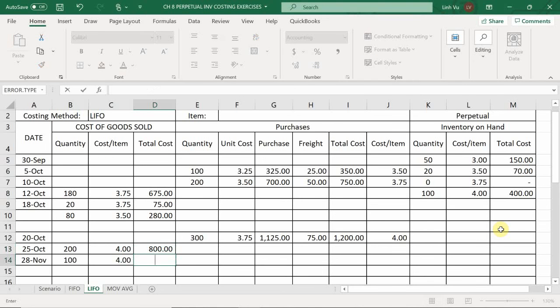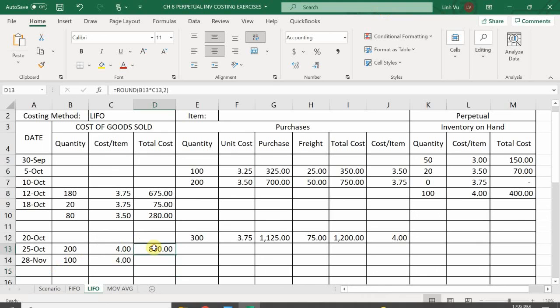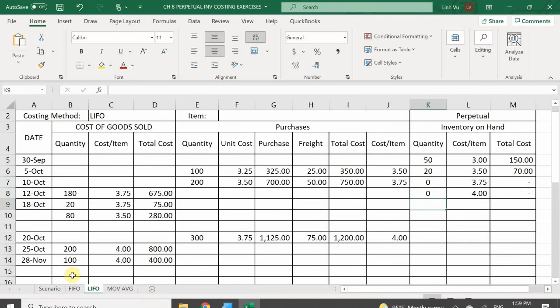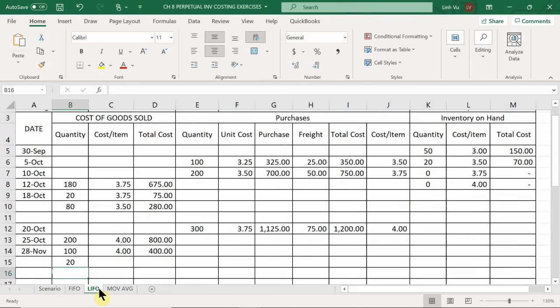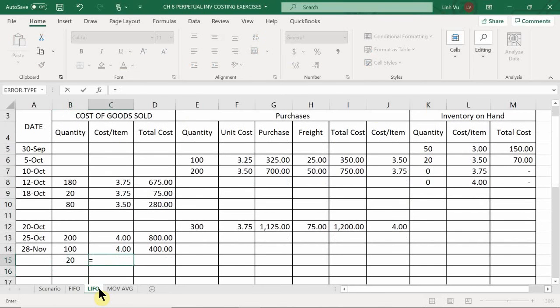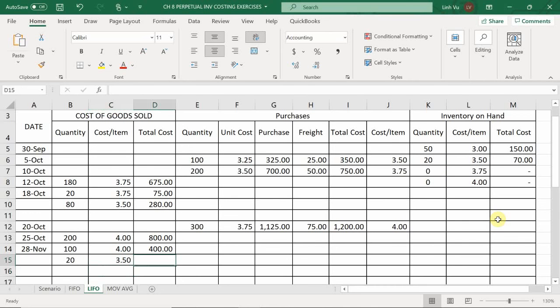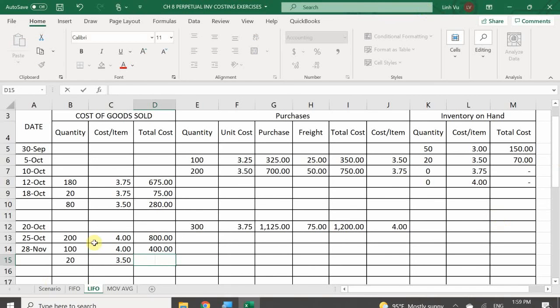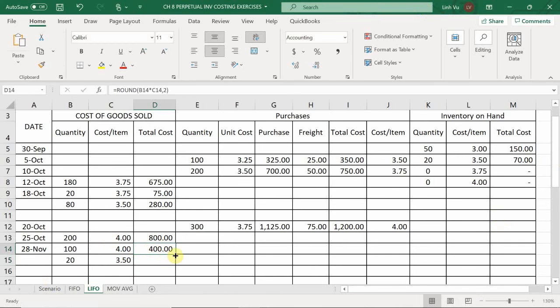And then we need 50, so we take the whole 20 at $3.50, which gives us $70.